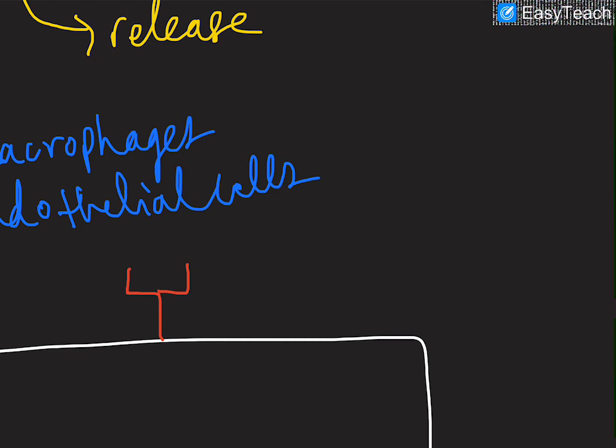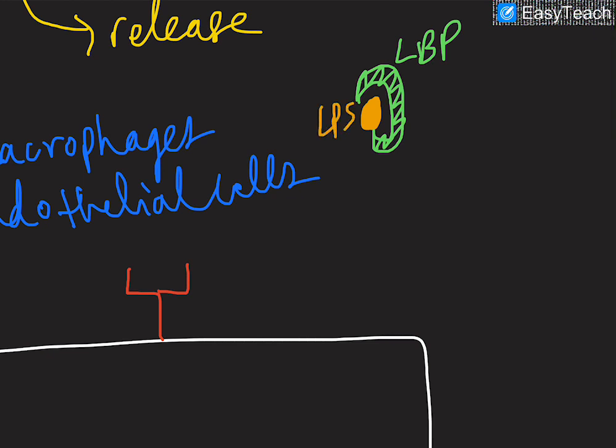So if we represent these lipopolysaccharides, which are released by your gram-negative bacteria, and this in green will be our lipopolysaccharide binding protein, and this will be our lipopolysaccharide. So first, the lipopolysaccharides bind the lipopolysaccharide binding proteins in the bloodstream.